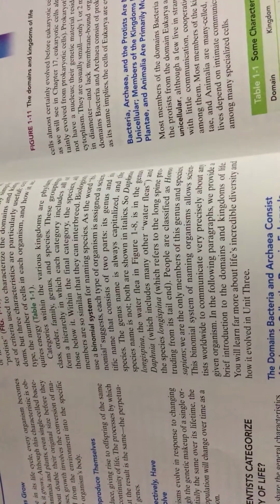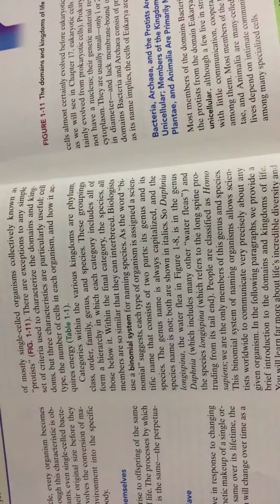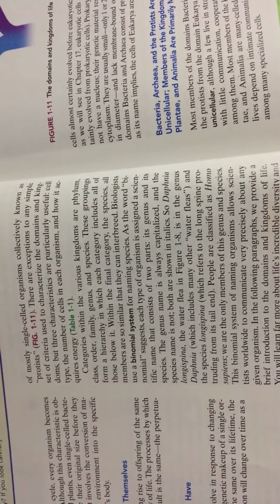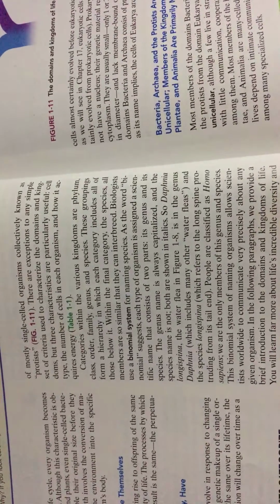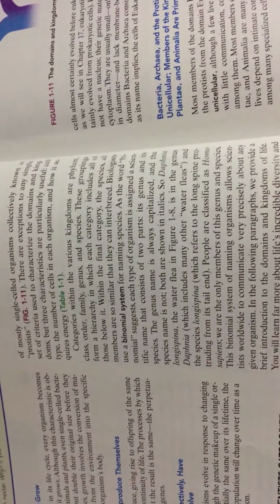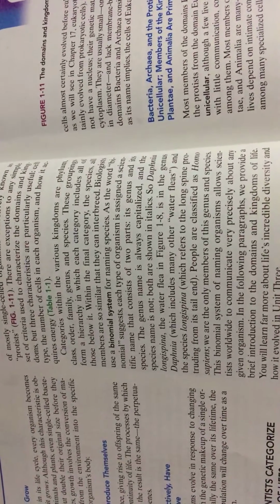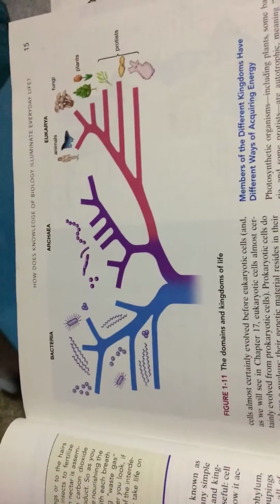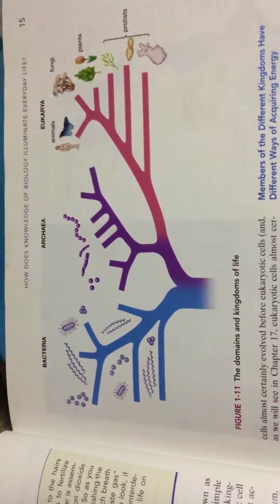So, binomial system. Categories within the various kingdoms are phylum, class, order, genus, and species. Biologists use this binomial system for naming various species. Here's a chart to help explain the domains and kingdoms of life.